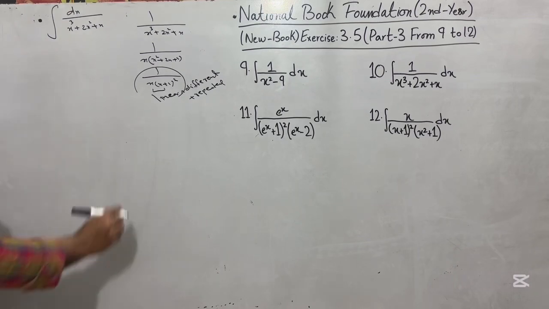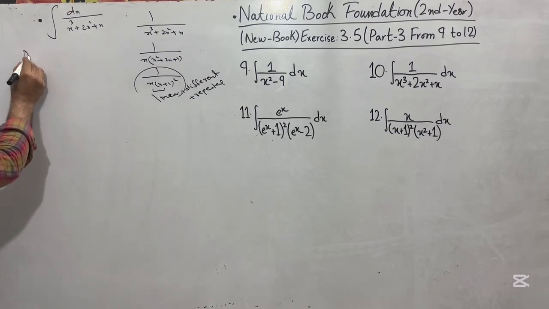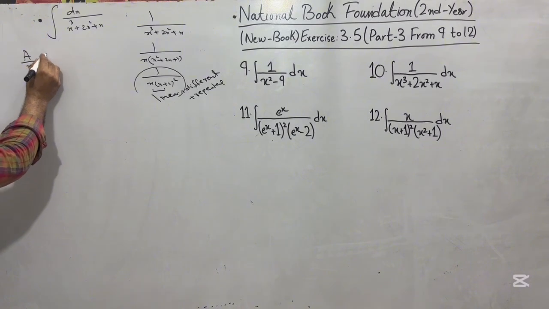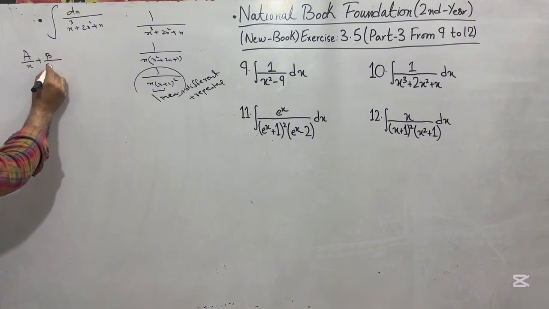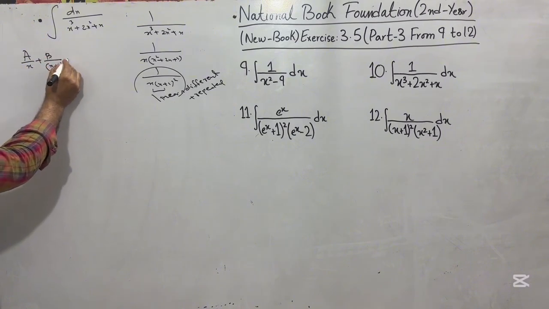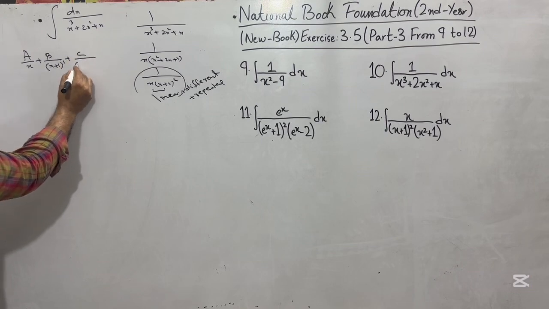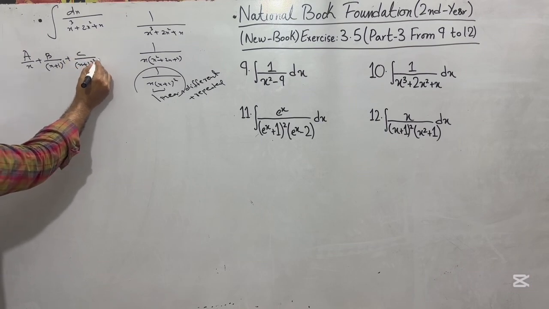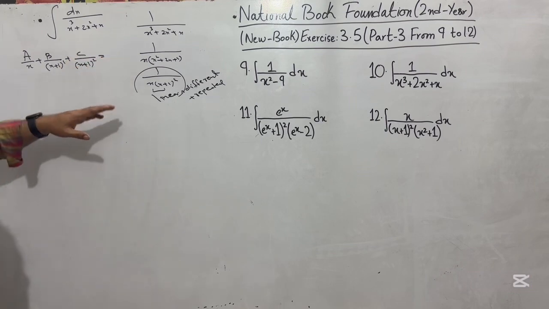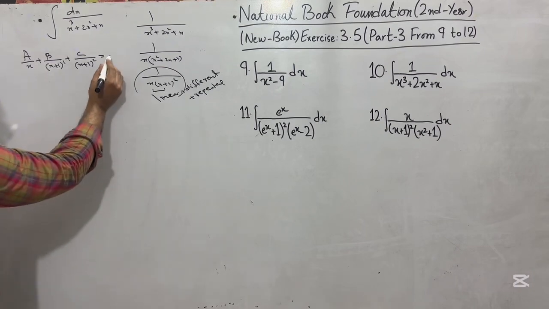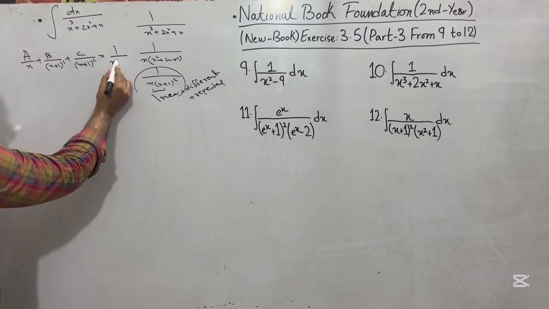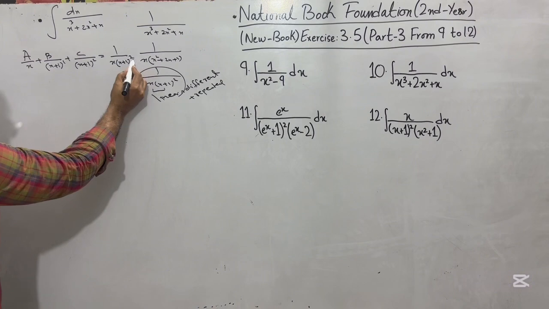How to write them in partial fraction? Let's find out. A over x plus B over x plus 1 power 1 plus C over x plus 1 whole square is equal to the original expression, that is x times x plus 1 whole square.